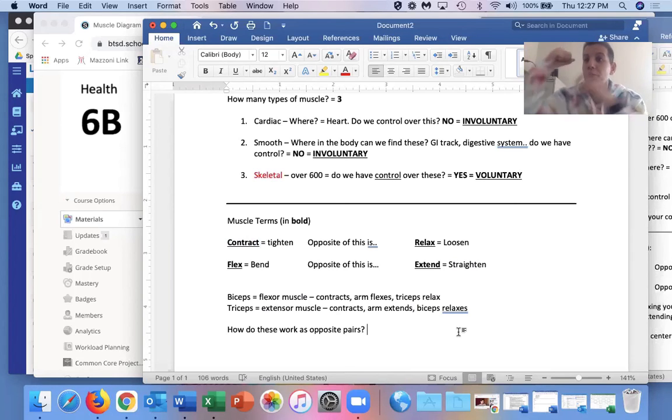That's where the term flex your muscle comes from. It makes sense when you're talking about the biceps because it actually bends and flexes that part of your body. But if I was talking about, yo, flex your tricep, that doesn't make sense. So it takes a little more time to understand the concept.